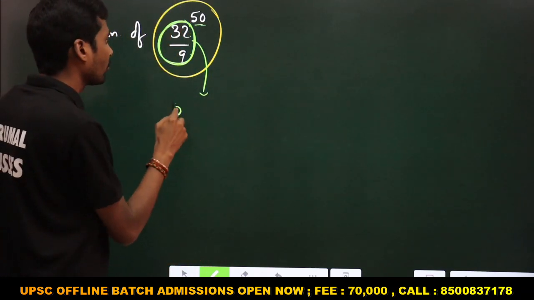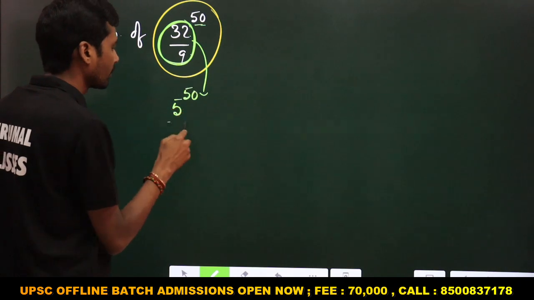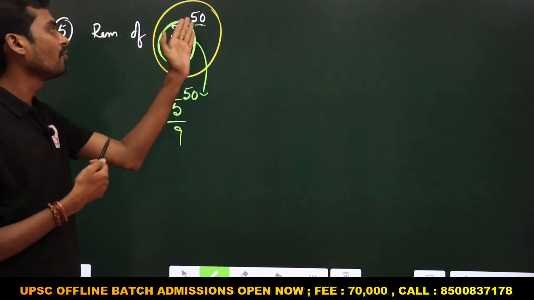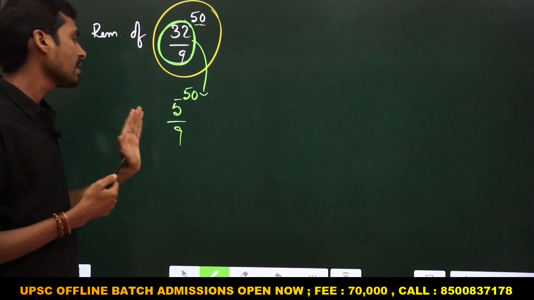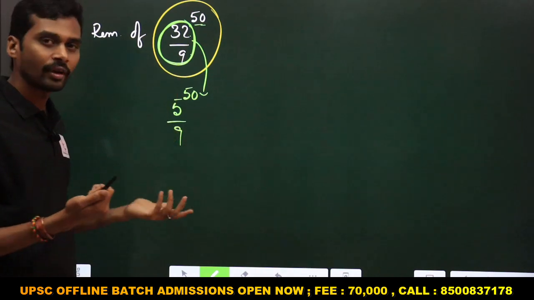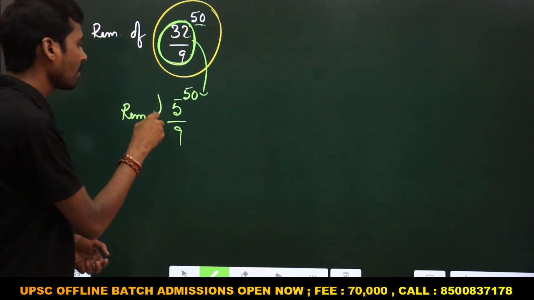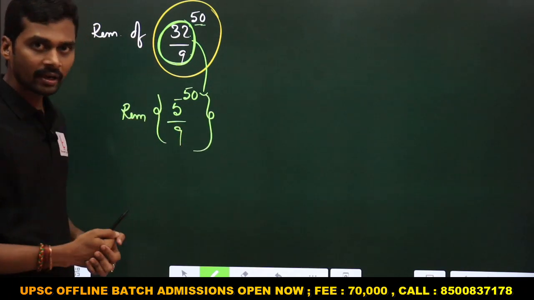The remainder is 5. Finding the remainder of 32 to the power of 50 divided by 9 is the same as finding the remainder of 5 to the power of 50 divided by 9.